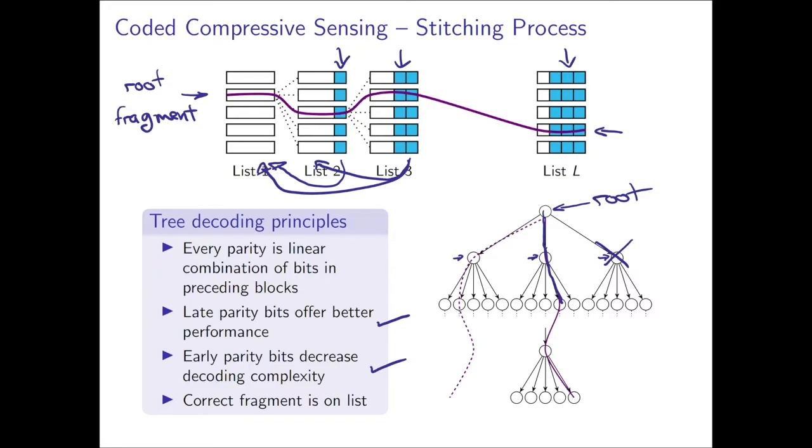The tree decoder then descends to the next level, computes the parity pattern for all the valid paths, looks at the list for the third slot, and retains the codewords that are consistent with the parity patterns that were computed. This process moves forward until the last list is reached and the original message is recovered.